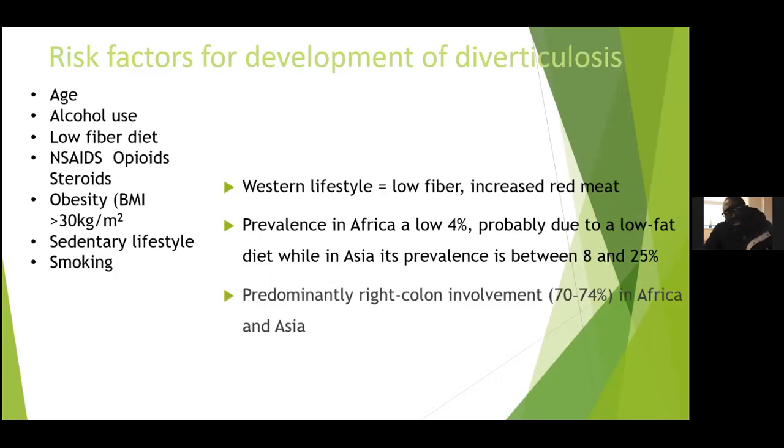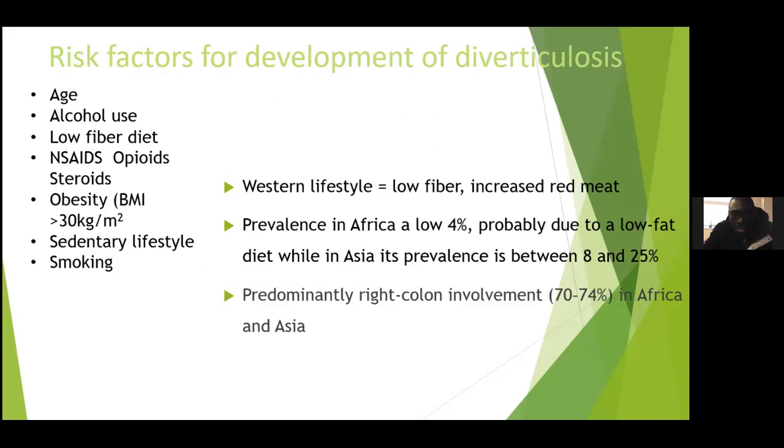There are other risk factors besides the genetic part, and these include age as well. Alcohol use has been implicated, low fiber diet, NSAIDs, opiates, steroids, raised BMI, and smoking as well. That is why this seems to be like the Western lifestyle pattern.